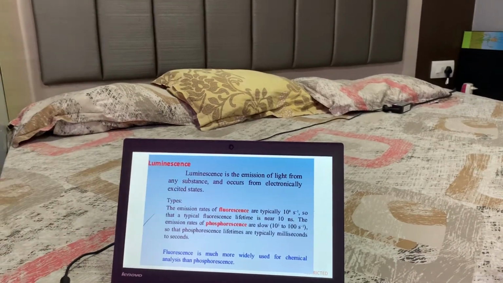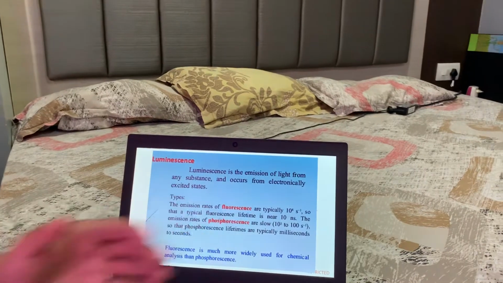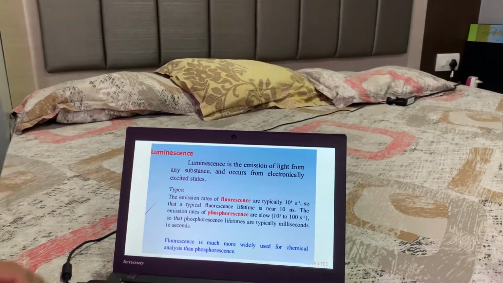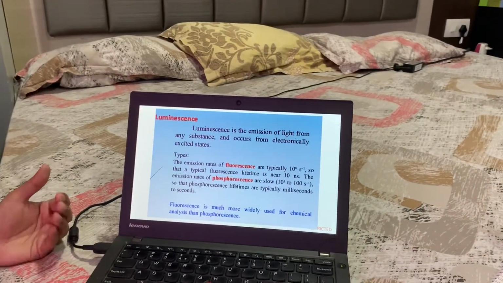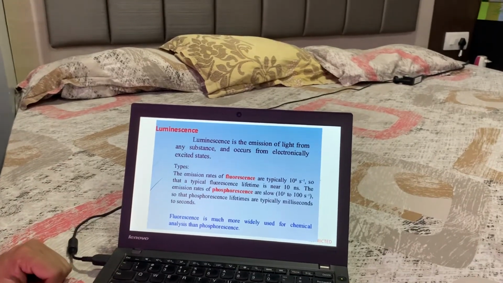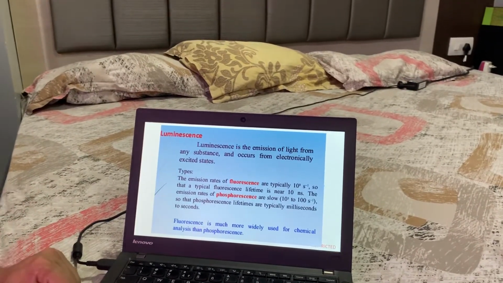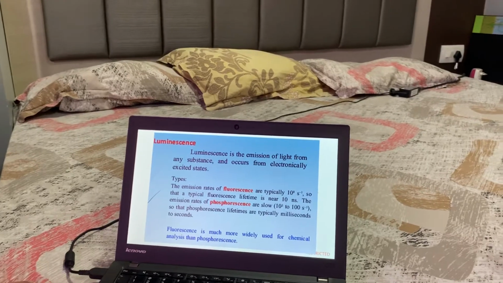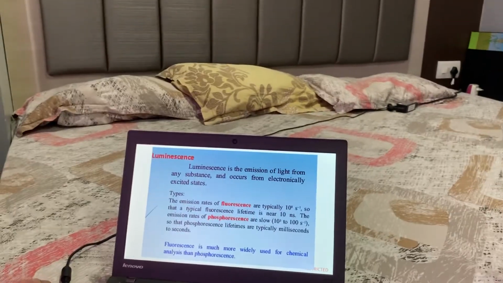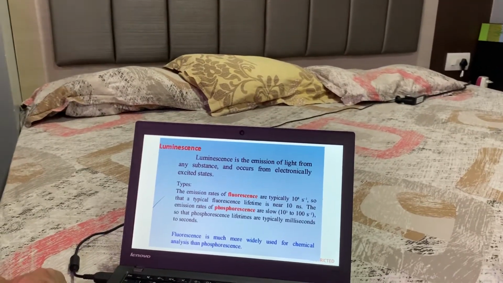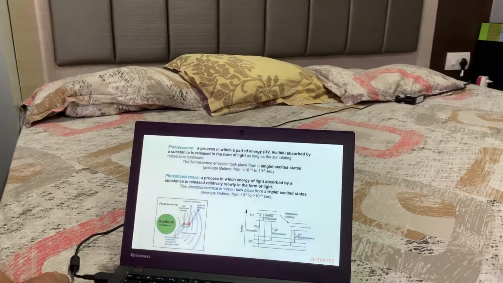Mostly the rate is 10 to the power 8 per second, and phosphorescence is a little bit slower, around 10 to the power 3 to 10 per second. Therefore, in practice, fluorescence is more widely used than phosphorescence for chemical analysis.